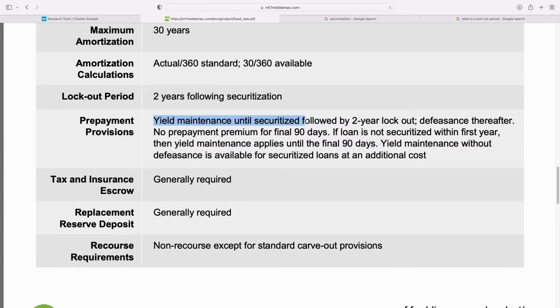So let's look at our prepayment penalties. After that 2-year lockout period, we can see right here, yield maintenance until securitized, followed by a 2-year lockout, and then defeasance thereafter. Defeasance is a big word for prepayment penalty. There is no prepayment premium for the final 90 days of the loan.